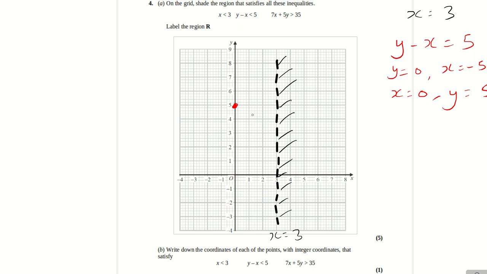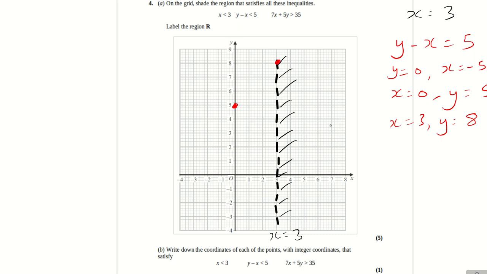And what about when x is 3? If x is 3, y is going to equal 8, because we can move the x over to the other side. Y is going to equal 5 plus x, so it's going to be 8. So the point 3, 8 is going to be on our line.